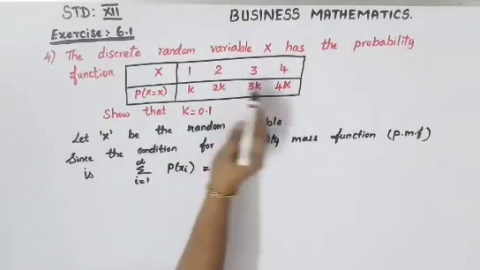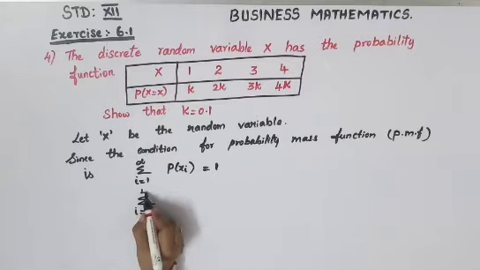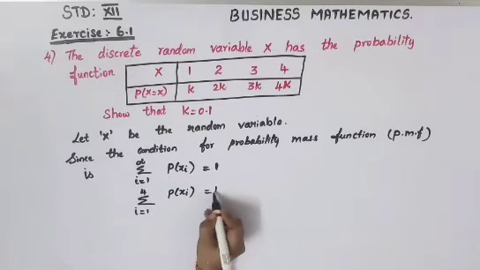So here it is 1 to 4 it is given. So sigma i is equal to 1 to 4, P of xi is equal to 1.